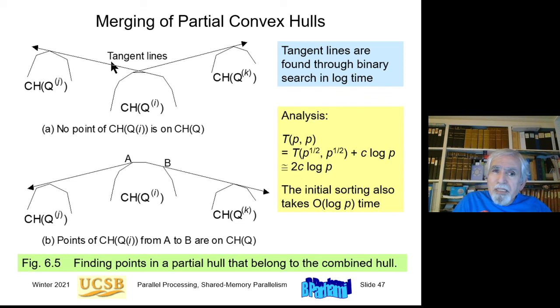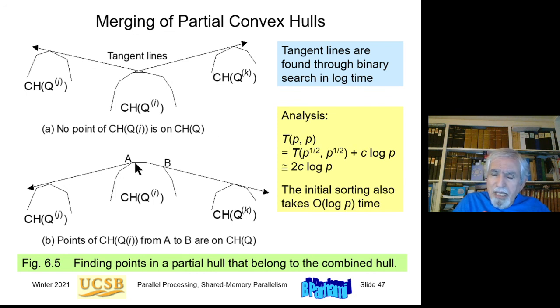Okay, so basically this is illustrating what happens if these are adjacent convex hulls in those subsets. If this happens, if this tangent line and this tangent line have such an angle, then this convex hull will not contribute any point to the overall convex hull.